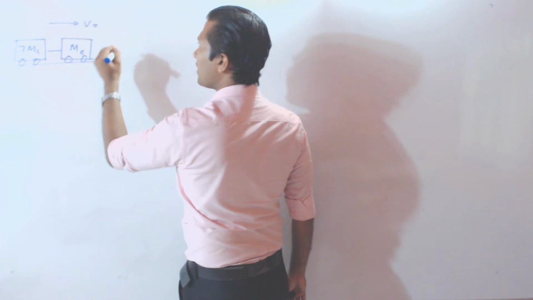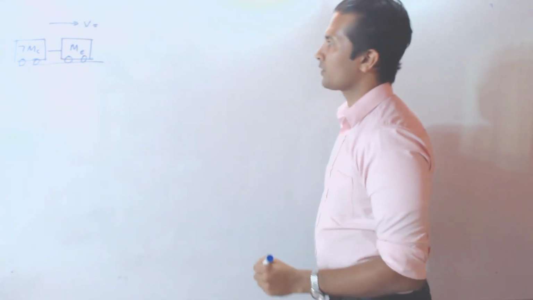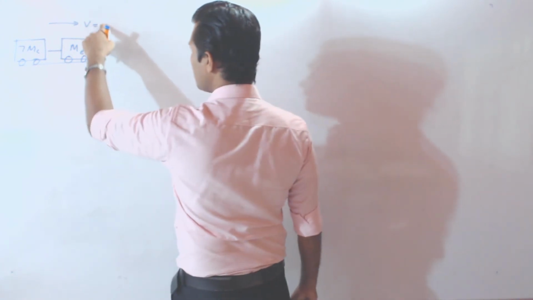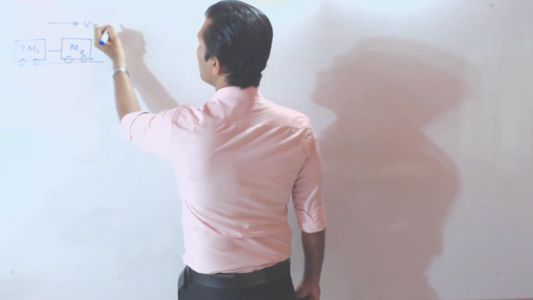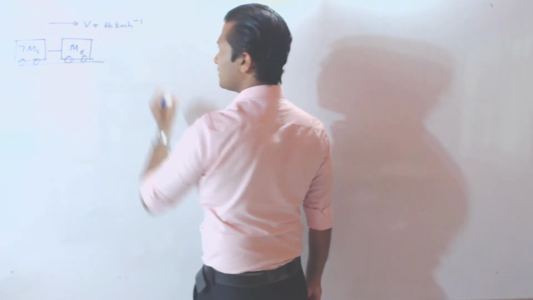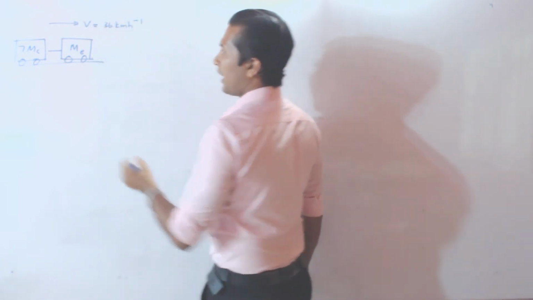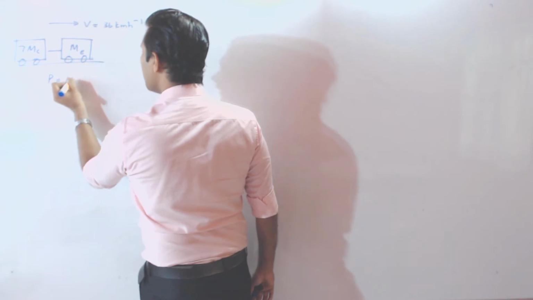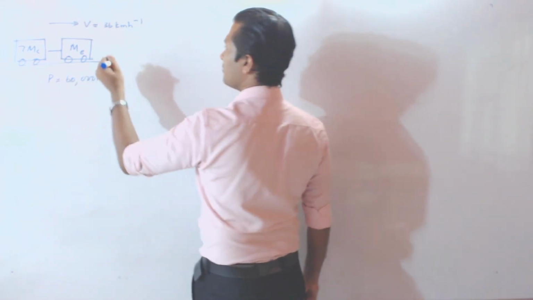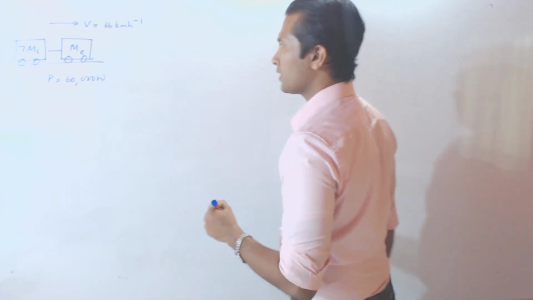You are given the velocity as 36 kilometers per hour, and the power of the engine is 60,000 watt.